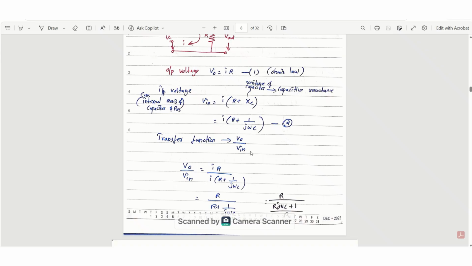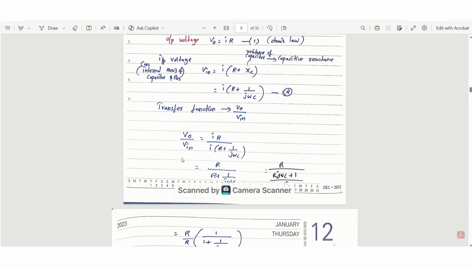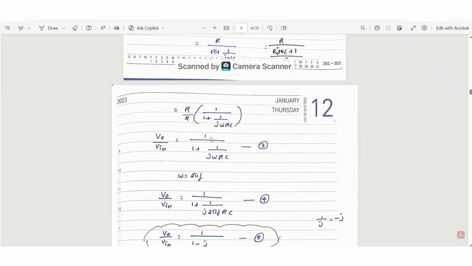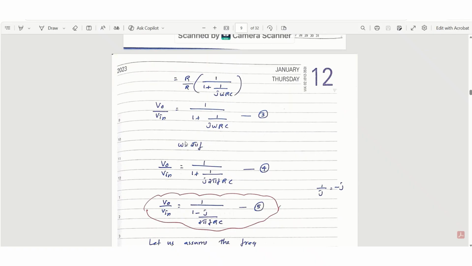Substituting the input and output parts in the transfer function, or gain, of the circuit and solving the equation, we get V0 by Vin equal to 1 divided by 1 plus 1 by j omega RC, where omega is the angular frequency, that is omega equal to 2 pi f.